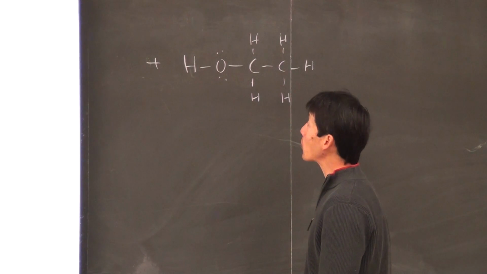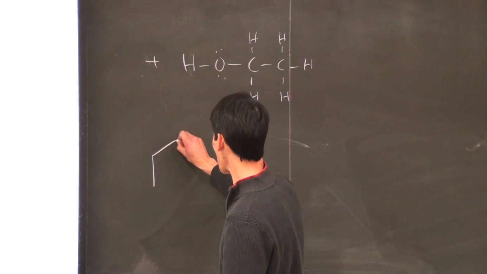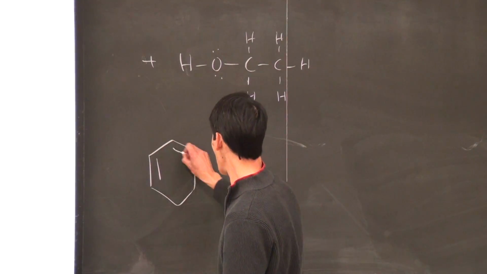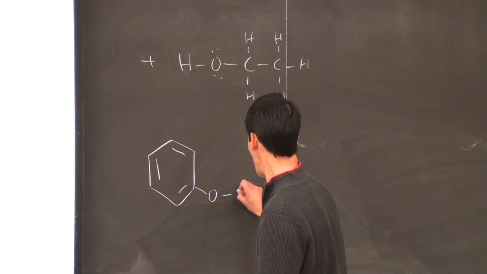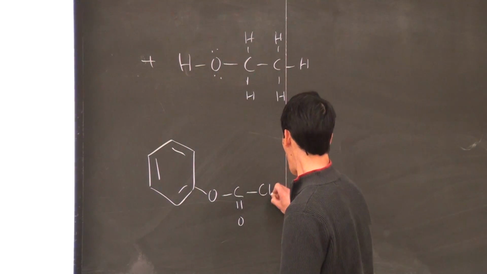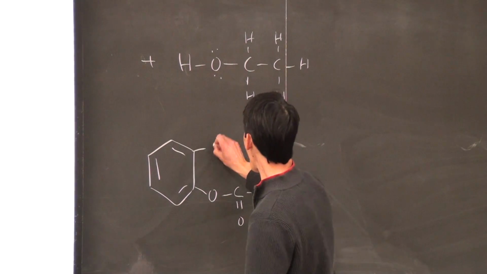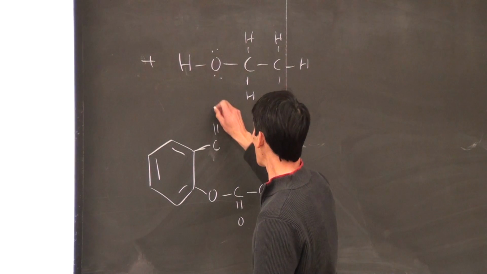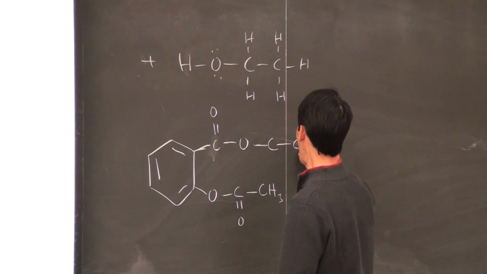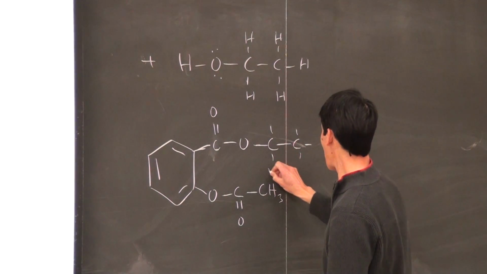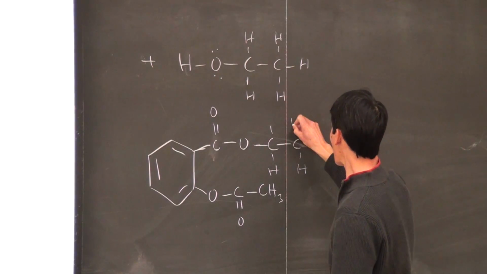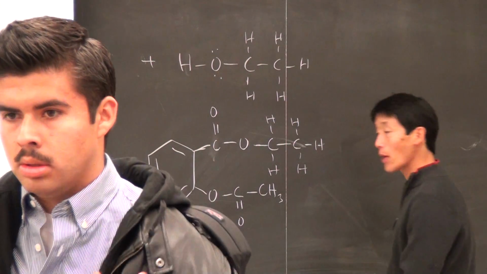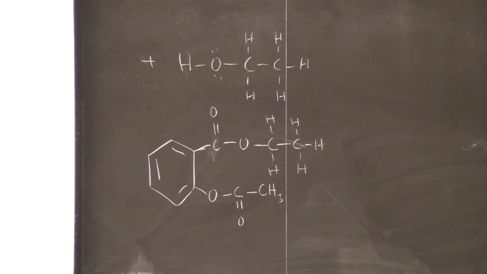So the product of this reaction is going to be this. That's going to be the product of the reaction. So note that in this new compound, there's two ester functional groups.